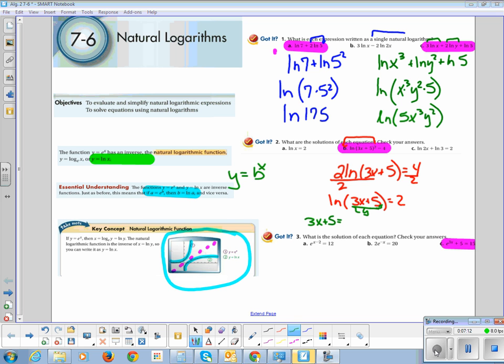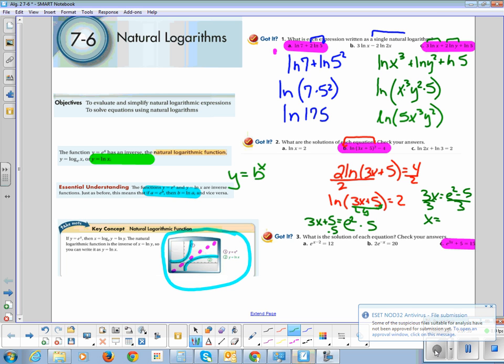We're natural log, so our base is e. So our e, and then our exponent is a 2. So if I want to solve for x, I'm going to subtract 5. I get 3x equals e squared minus 5, and then I divide by 3.